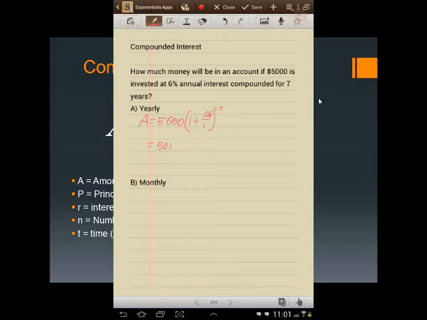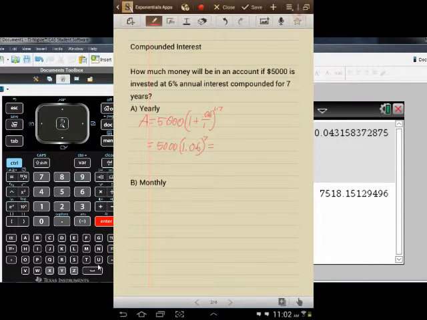The base is pretty easy to simplify in this case, and so is the exponent. And we are going to wind up with, after 7 years, $7,518.15.